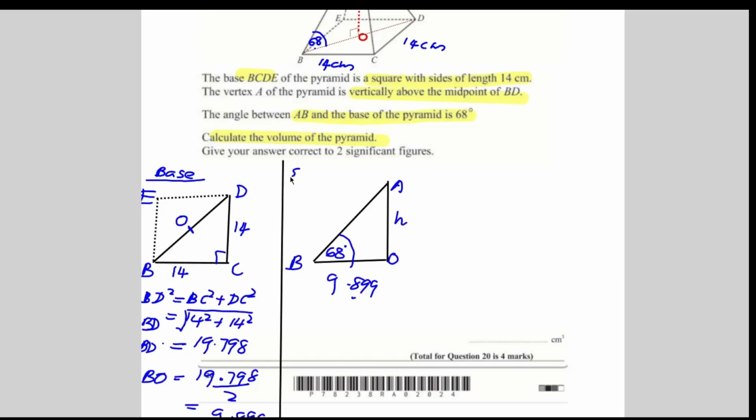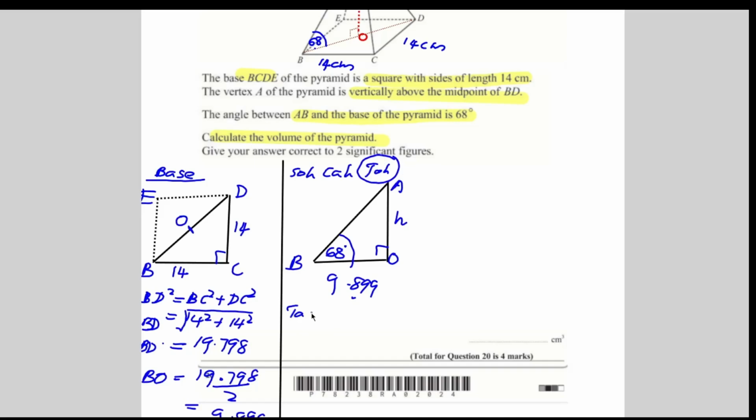Let's apply SOHCAHTOA. Considering this is 90 degrees, then this is the hypotenuse. We don't have it, so we have to ignore it. We have this one which is opposite, considering this angle. This is adjacent, opposite, adjacent, which is this ratio to be picked, which is tan.